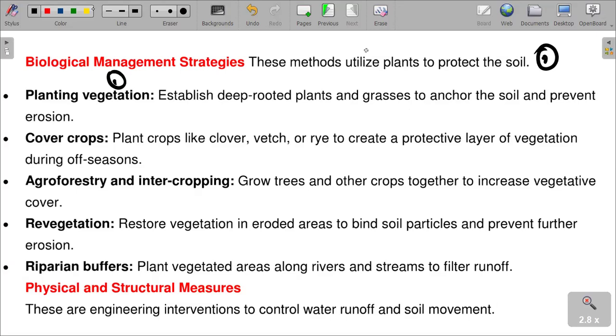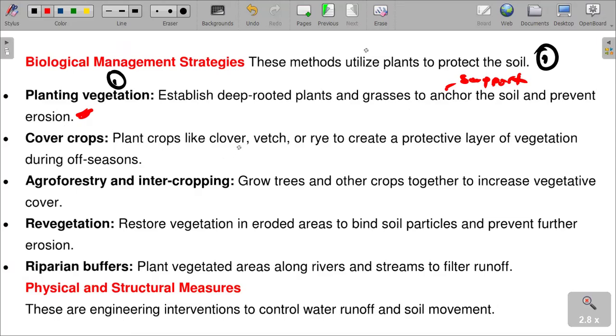One, planting vegetation: establishment of deep-rooted plants and grasses to anchor the soil and prevent erosion. I'm sure you know very well that vegetation covers soil. Anchoring means that they bind the soil so that it is not easily washed away.